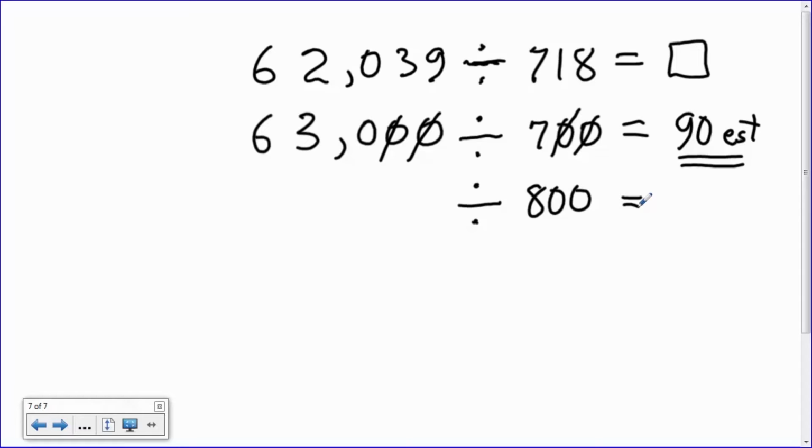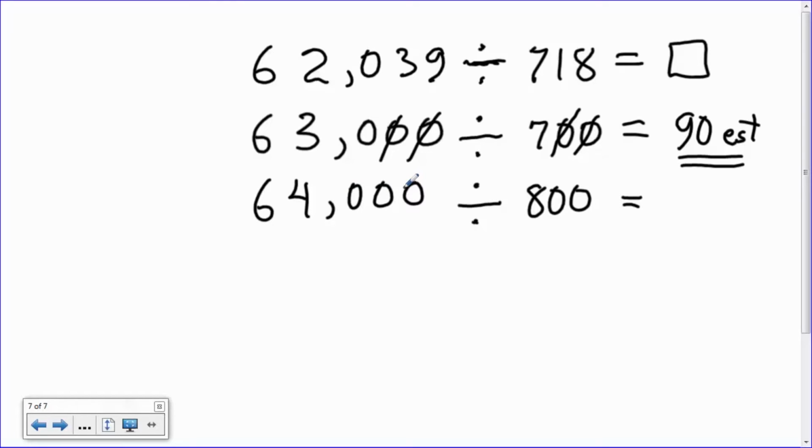Now I want to choose a number that's close to 62,039 that's easily divisible by 800. Well, again, for 62,039, I could either round down to 56,000, but 64,000 is closer to 62,000.